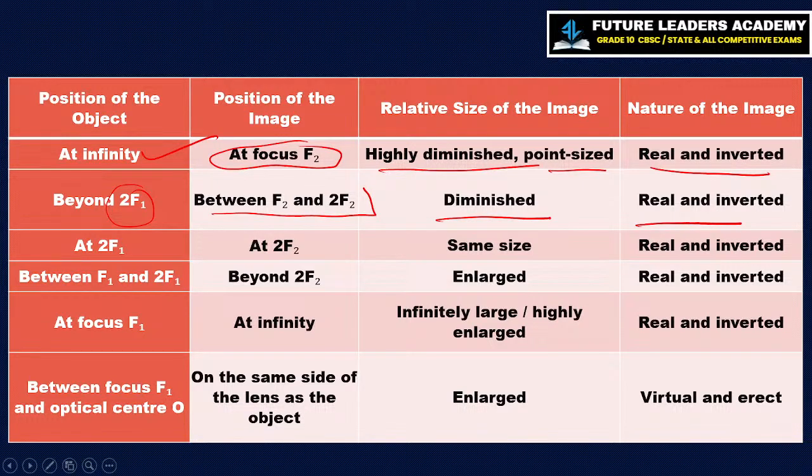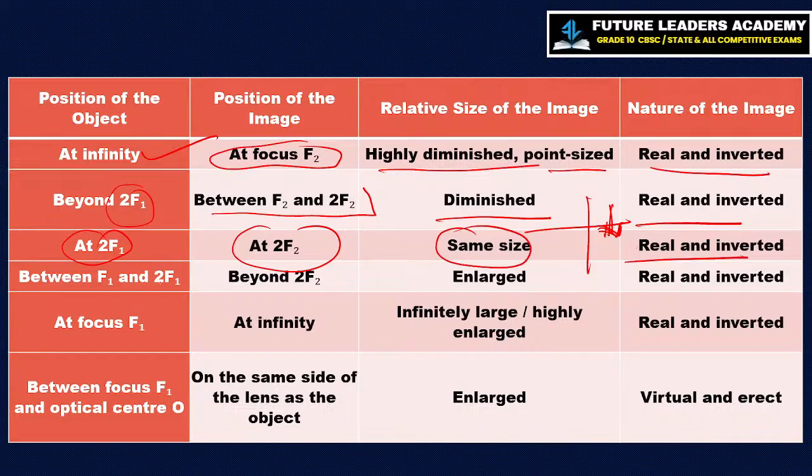Obviously, real and inverted image will form because it is forming below the principal axis. Okay, then at 2F1, if you keep the object, the image also forms at 2F2. Size is the same, and the image is real and inverted. Between F1 and 2F1, the image forms beyond 2F2.